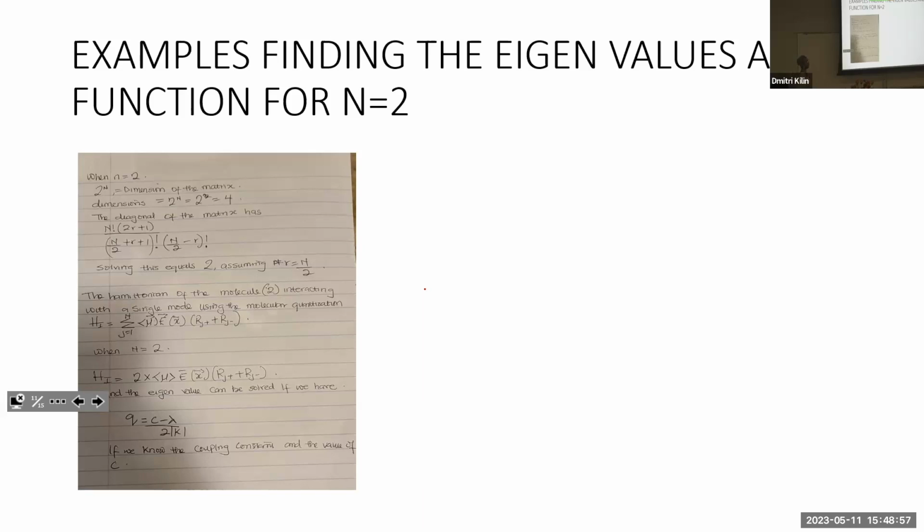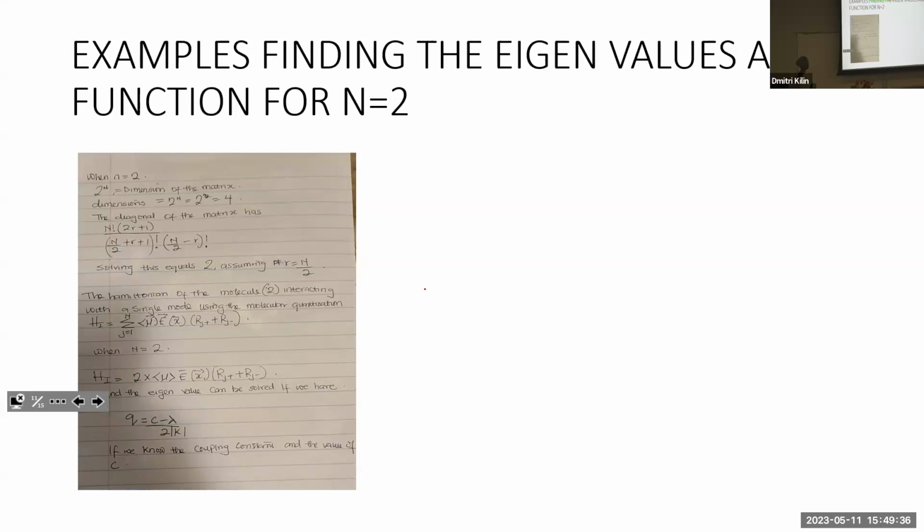From my very limited knowledge, I decided to start from the matrix block, since we have the dimension to be 2 raised to the power n, and n means how many molecules of two-level systems we have. Since n equals 2, our dimension is 4, and we can solve for the elements in the diagonals using this formula that I explained earlier.